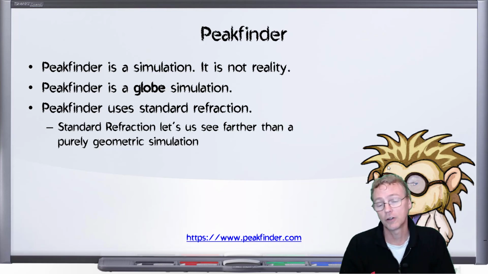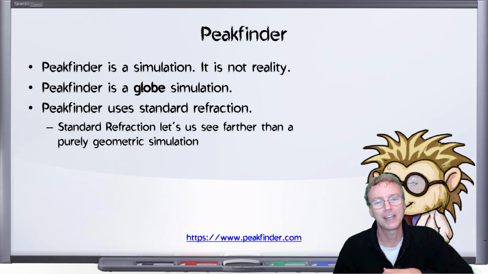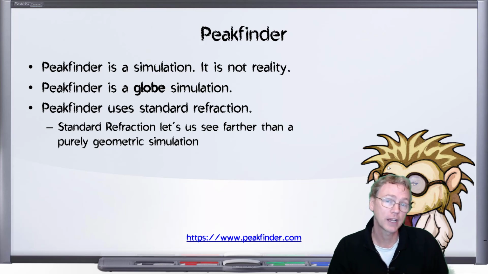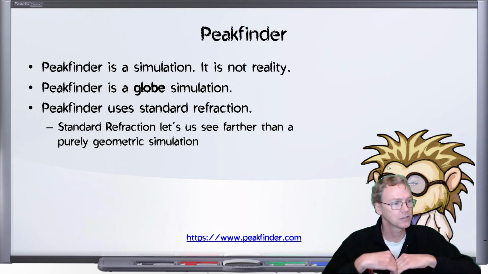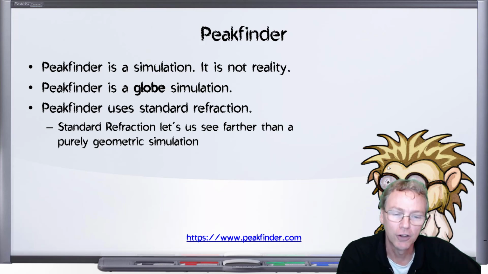So if you use that Earth curve calculator or your back of the envelope calculators that just don't include any refraction, you're going to find that Peakfinder shows you more than that. You can see farther in Peakfinder than you could in a purely geometric simulation. Okay? And that is because that's what refraction does. Standard refraction is a standard part of globe science.